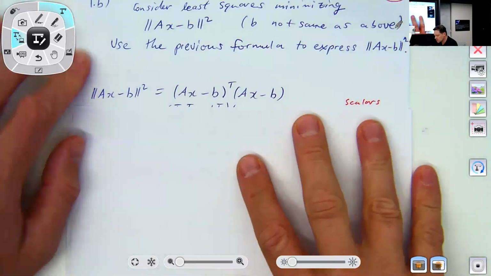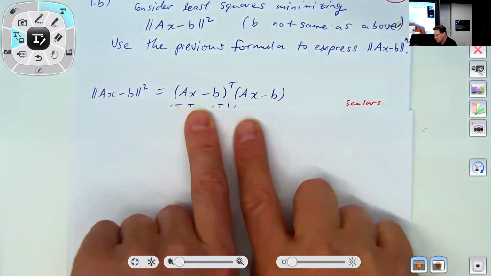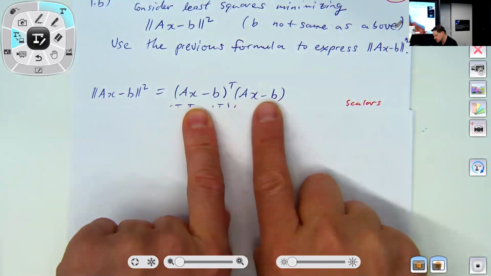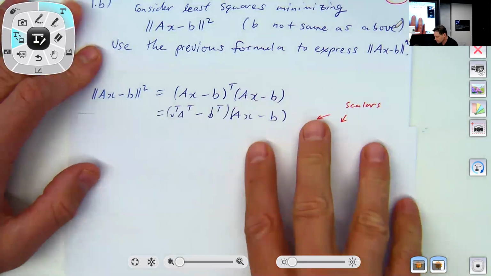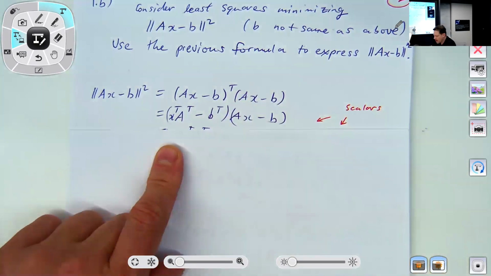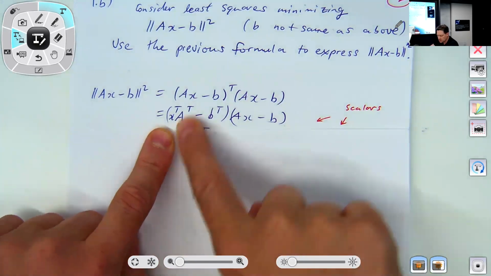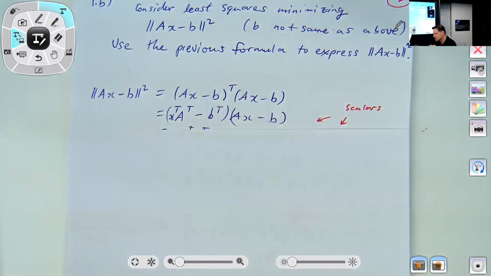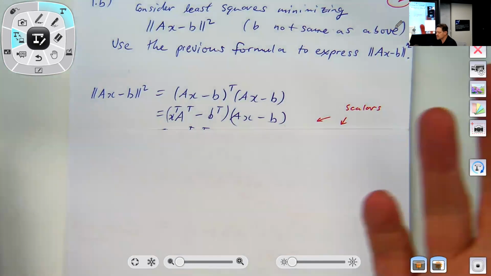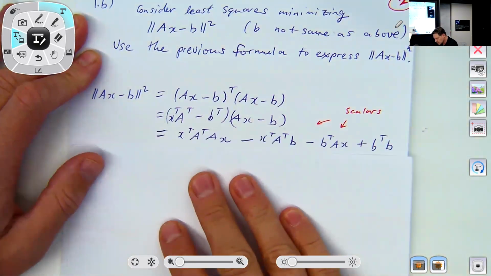We begin with the norm of AX minus B. That is just AX minus B transposed times AX minus B. Next we bring the transpose inside the bracket, and we swap these two around because we're applying the transpose on the product of A times X. So we have X transpose A transpose minus B transpose. Now we can expand that out and get four terms.